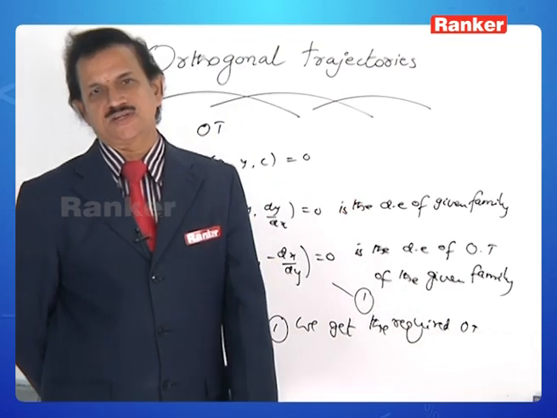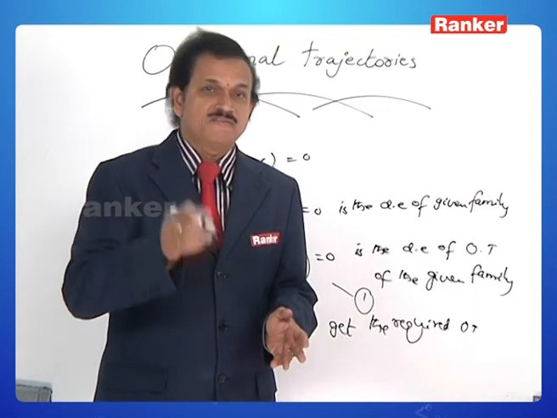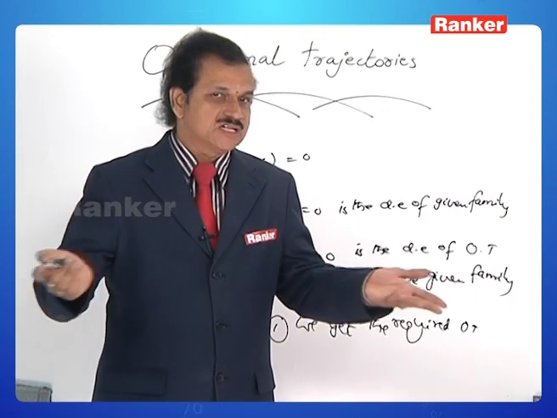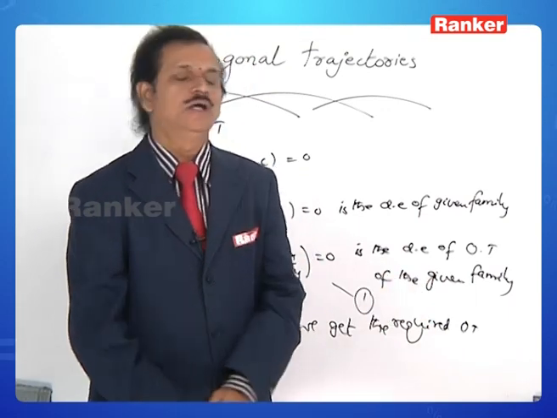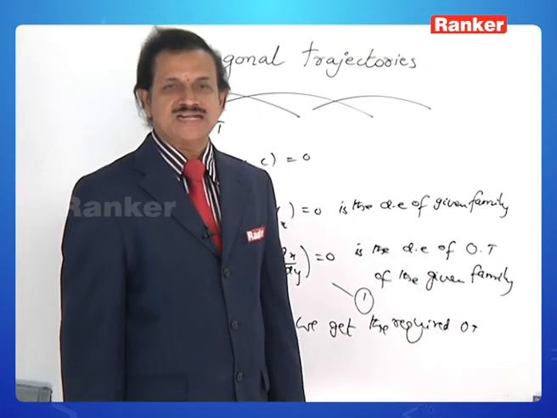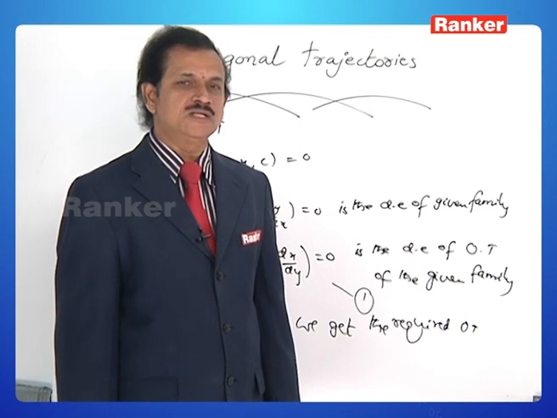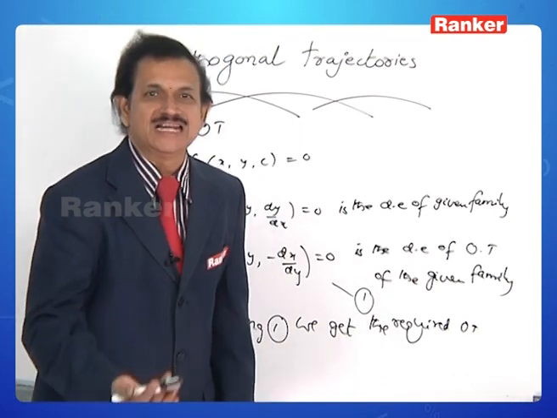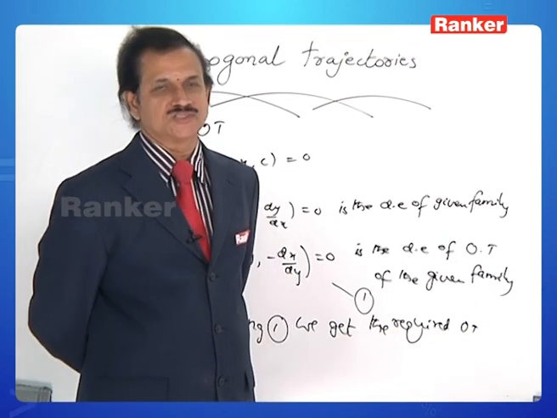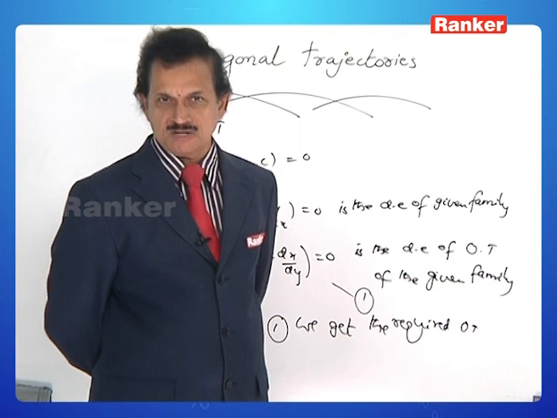And if that fixed condition is nothing but orthogonality, that is, if a curve cuts each and every member of the given family of curves orthogonally, then it is termed as an orthogonal trajectory. That is the meaning of the word.